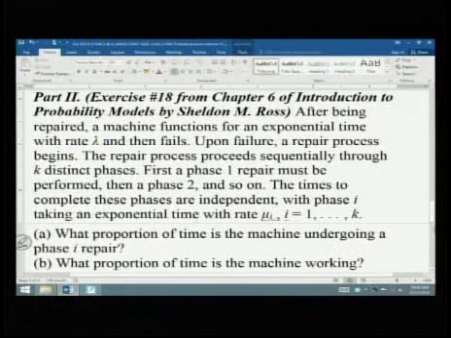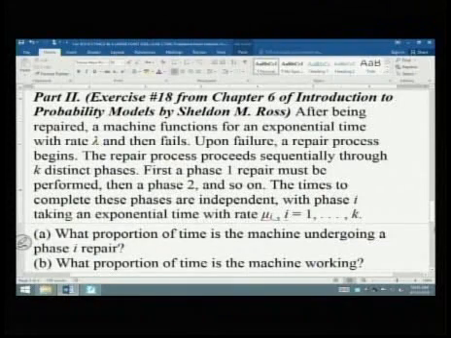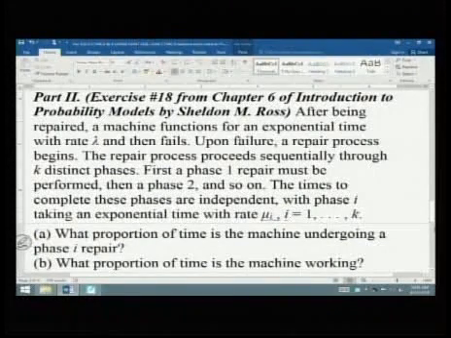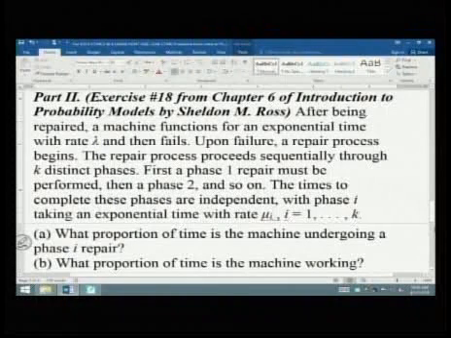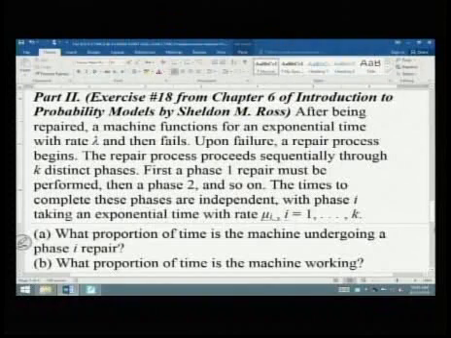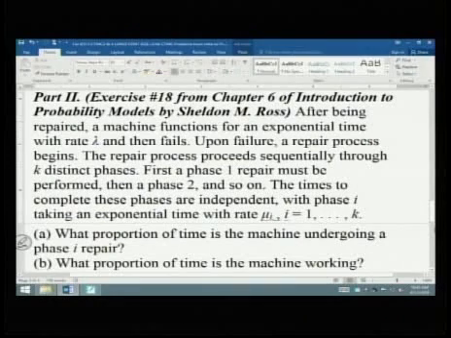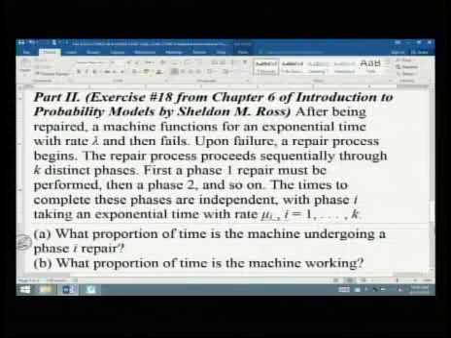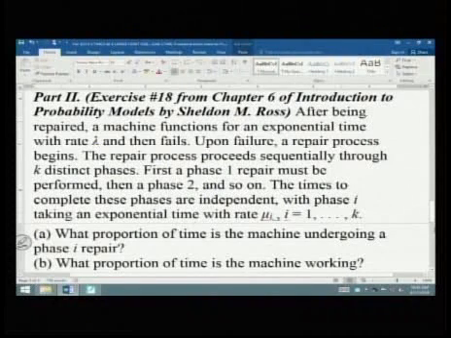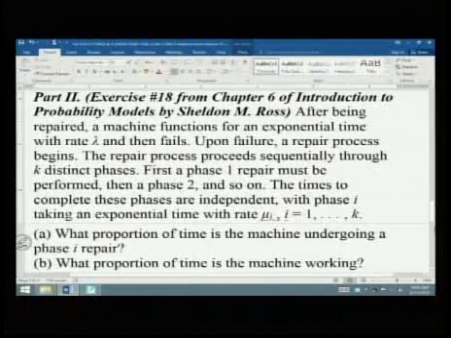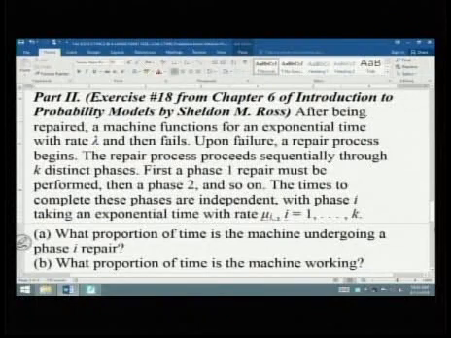Okay, so let's read the problem description together. After being repaired, the machine functions for an exponential time with rate lambda and then fails. Upon failure, a repair process begins. The repair process proceeds sequentially through k distinct phases. First, a phase 1 repair must be performed, and then a phase 2, and so on.